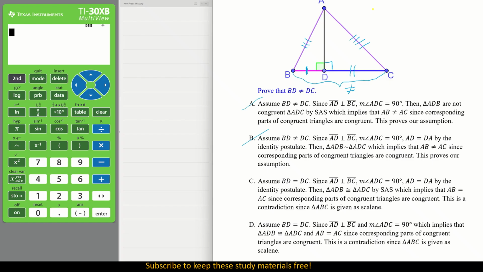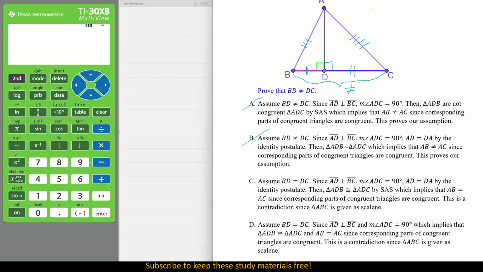So then triangle ADB is congruent to triangle ADC by the side angle side, which implies that AB is equal to AC. I see what they're doing.